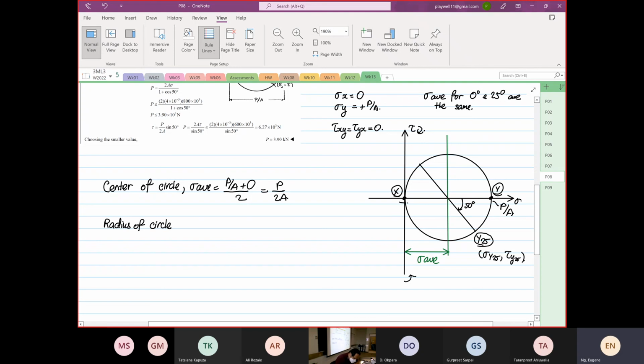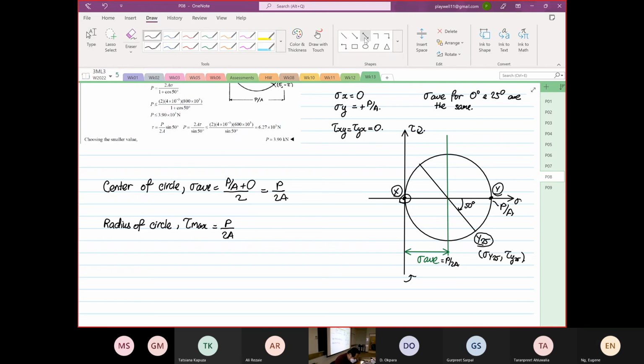Because stress x is equal to 0, the radius of the circle, which is your tau max, is also equal to P over 2A, right? Because our stress average is also equal to P over 2A, right? So this distance from here to here is also equal to P over 2A.